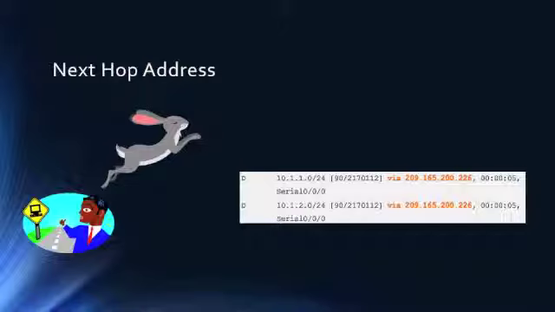If a match is found, it forwards the packet to the IP address of the next hop router using the interface identified by the route entry, else the packet is dropped. Networks directly connected to a router have no next hop address, because a router can forward packets directly to a host on these networks.